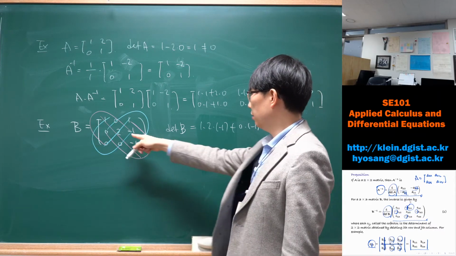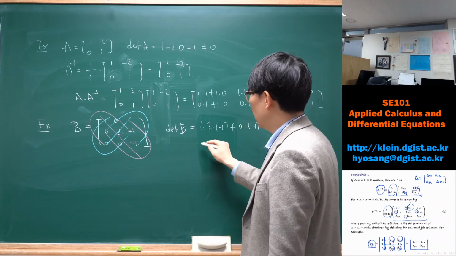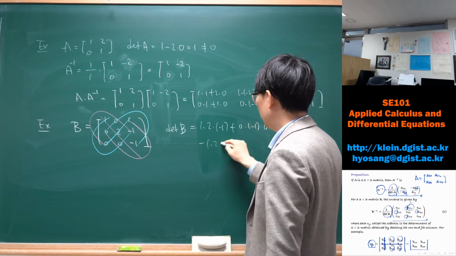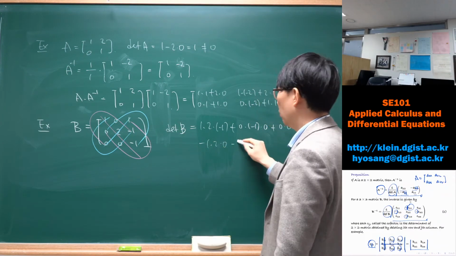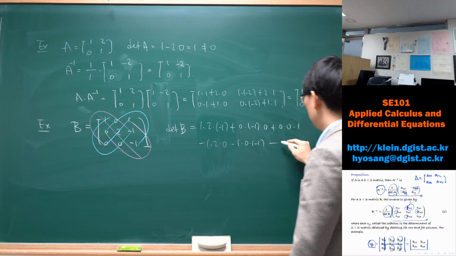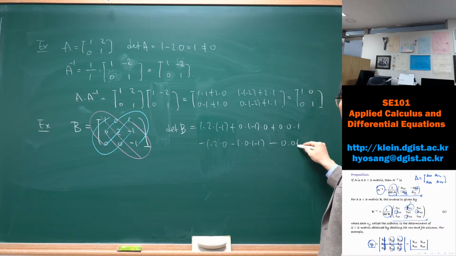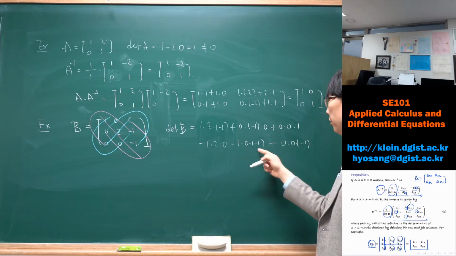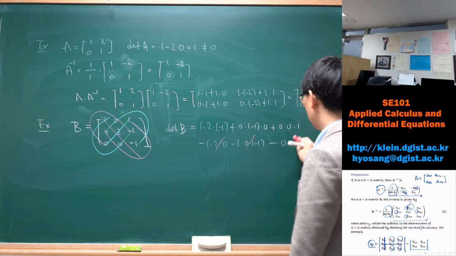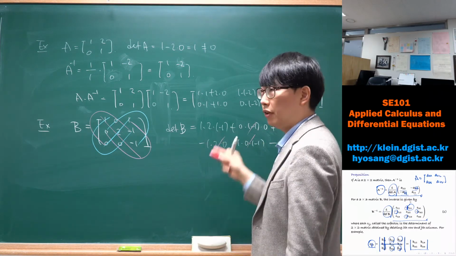On the negative side, the blue one, I get minus, first one is 1, 2, 0, and 1, 0, minus 1, and the last one is 0, 0, minus 1. Okay, so all zeros disappear, so these are all 0, 0, 0, 0, 0. So what value is minus 2?